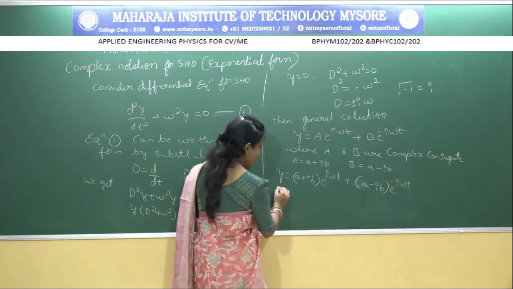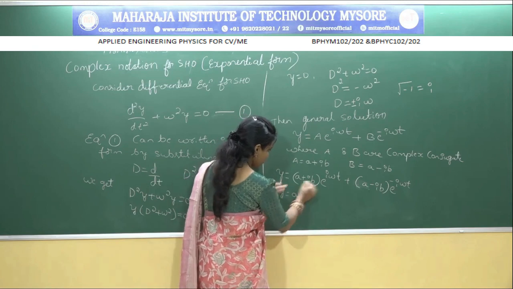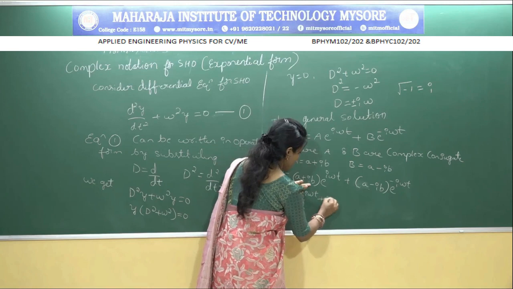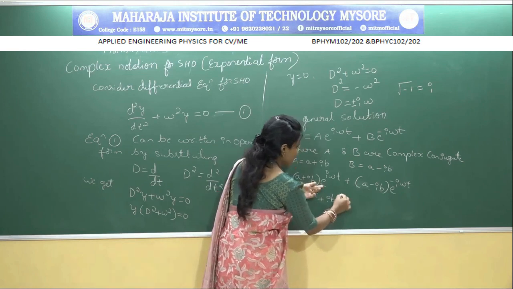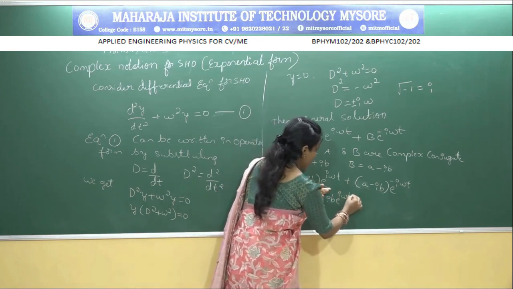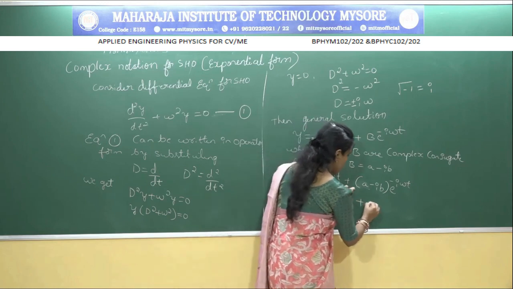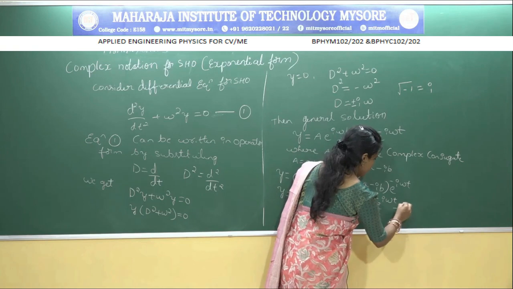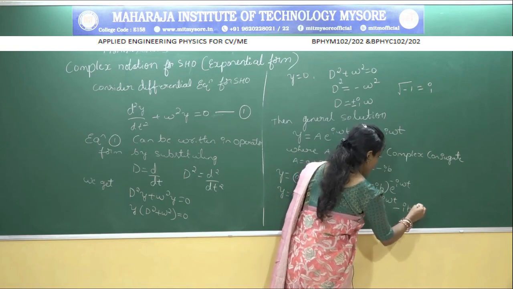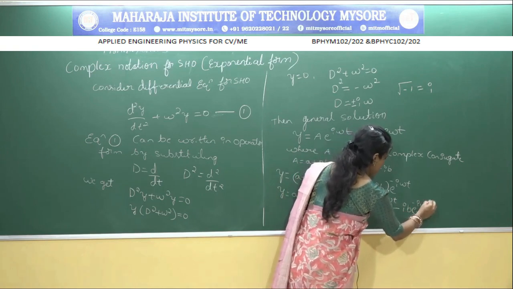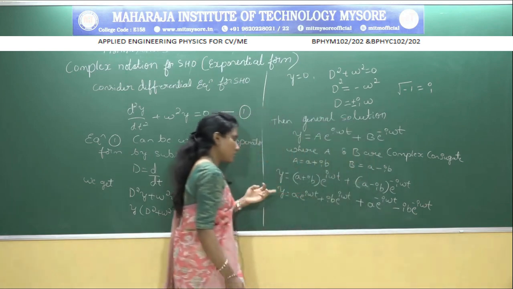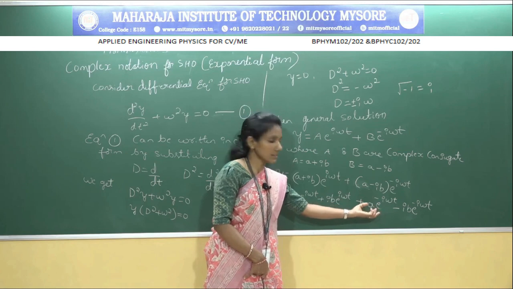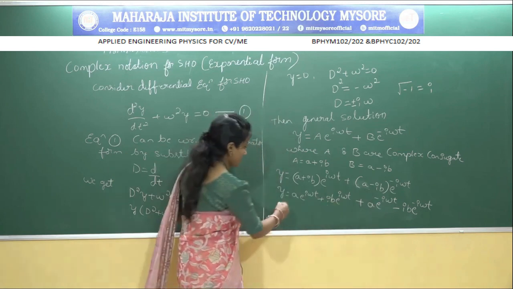So then what do we get? Y is equal to a into e to the power of i omega t plus ib e to the power of i omega t plus a into e to the power of minus i omega t minus ib e to the power of minus i omega t. Now separate the real terms and imaginary terms.